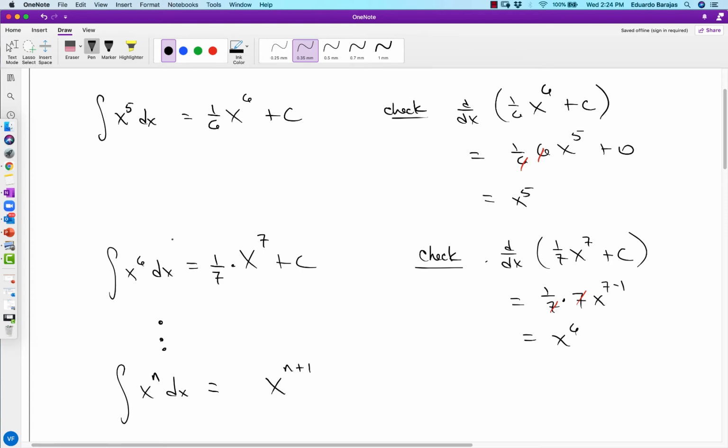We always add 1, from the 5 to the 6, from the 6 to the 7. And then whatever that is, we have to multiply it by 1 over n plus 1. And then add a constant.